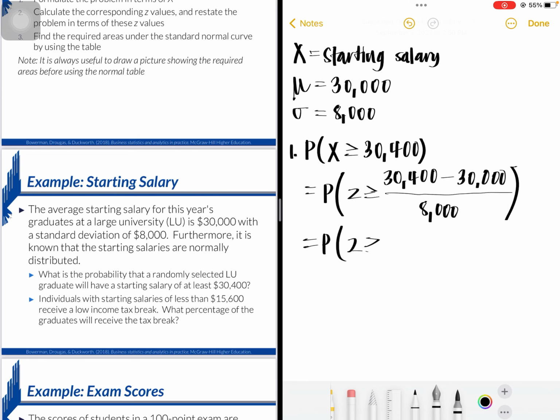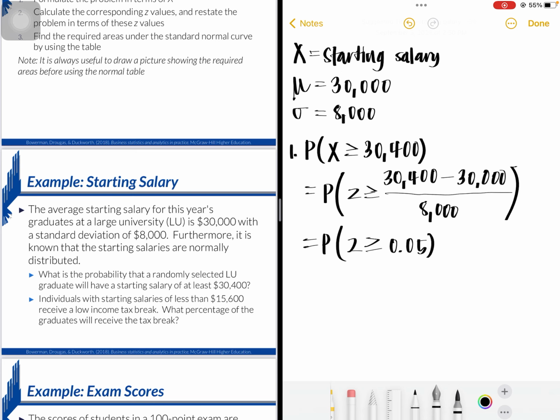When we solve for this using your calculators, that's 30,400 minus 30,000 divided by 8,000, we will get a z-score of 0.05. And once you reach this point, it should now be possible for us to get the probability using either the standard normal table or the statistics functions in calculators.